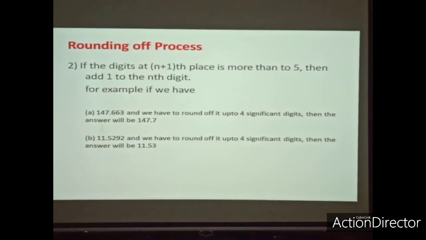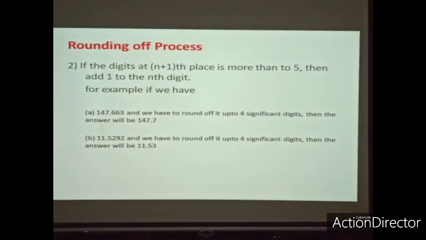These are the nth significant digits. Now the n+1 digit is 6. It is greater than 5. Then what will be done? Then 1 will be added at the place of the nth digit. Now the answer will be 147.7.